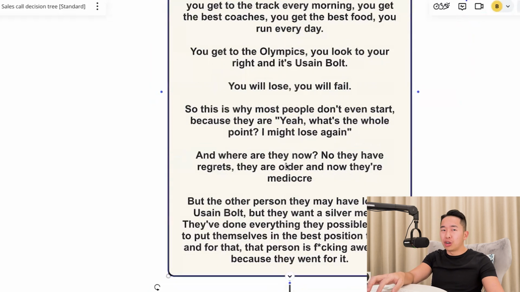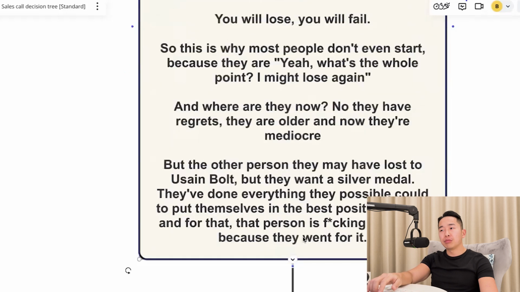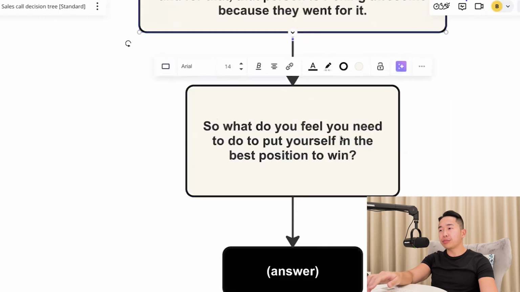They're in mediocrity. They're regretting everything. They're saying, what if? So the other person, they may have lost to Usain Bolt, but they still want a silver medal. And they've done everything that possibly could to put themselves in the best position to win. And that person is awesome because they went for it. And then that's the analogy.